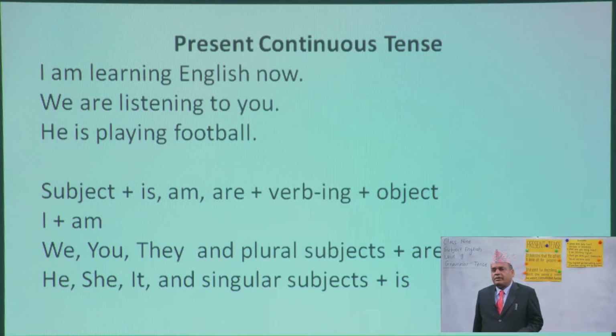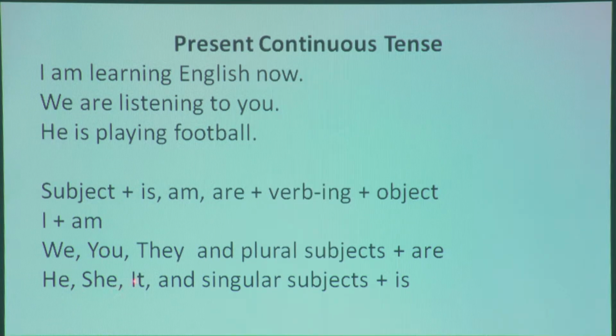And there are different subjects. They take either is or am or are. Like I takes am, we, you, they, and plural subjects take are, and he, she, it, and other singular subjects take is. Right? For example, I am, we are, you are, they are, boys are, girls are.